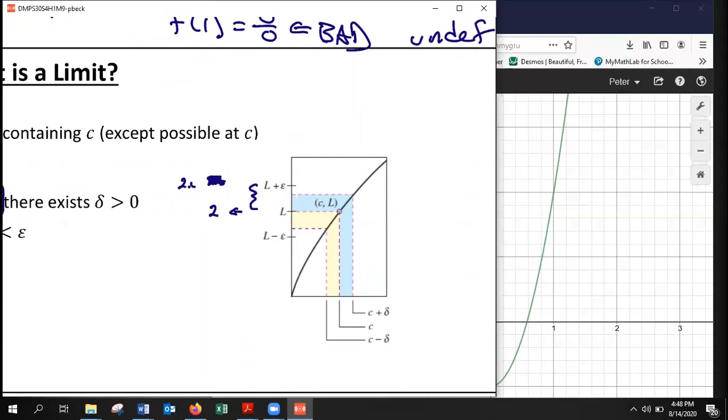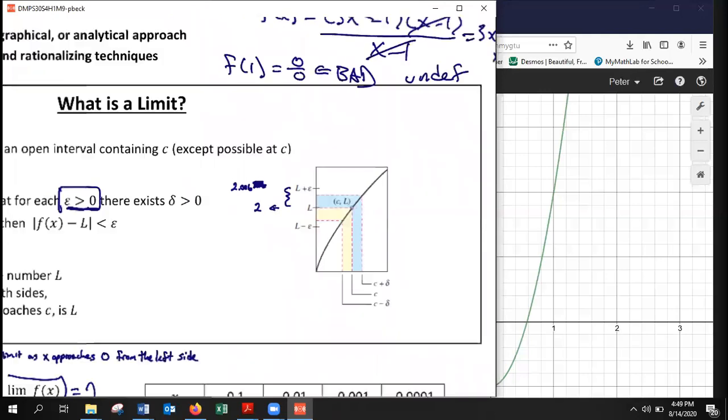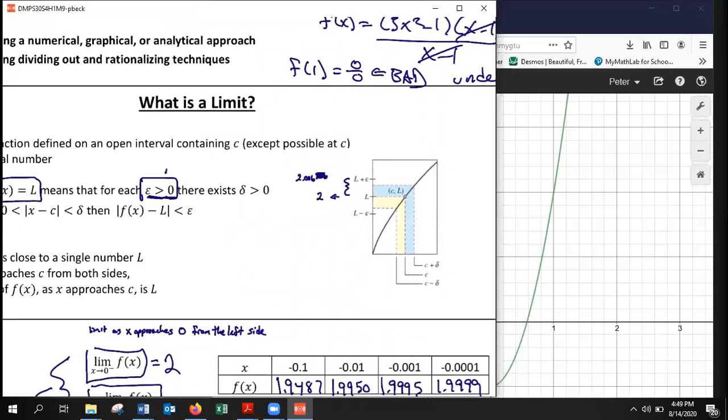Eventually we started getting it down to like 2.006. At some point we're going to say, all right, it's close enough that I believe that's what the limit is going to be, meaning that's what the y value should be. So at some point, and that's our epsilon, whatever we consider close enough, we are able to create an x value that's going to correspond with that.